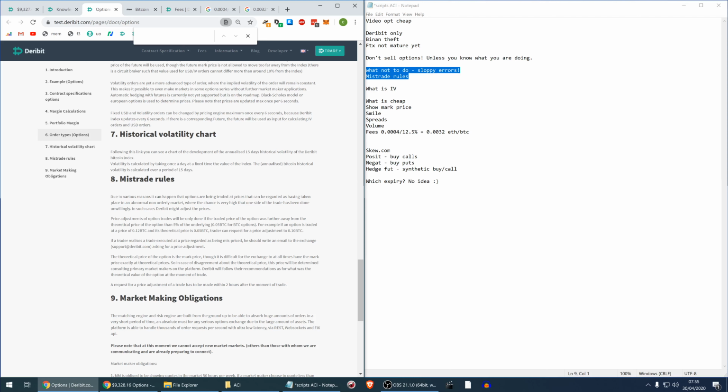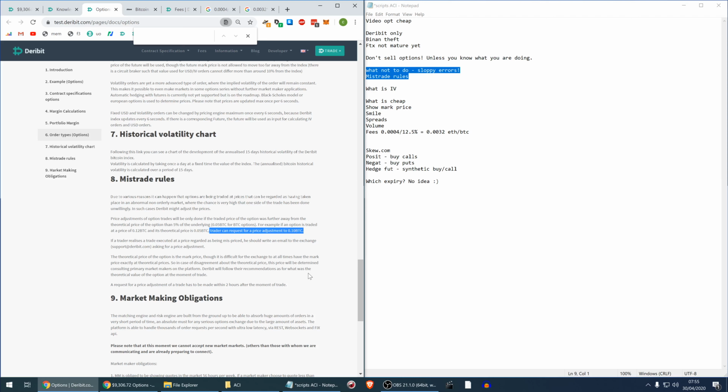So for example, if the price is further away from the theoretical price of the option by more than 5% of the underlying, then the price can be adjusted. So you contact them. For example, if you bought an option at 0.12 BTC, but its fair value theoretical price is 0.05 BTC, then you can request the price adjustment to 0.1 BTC.